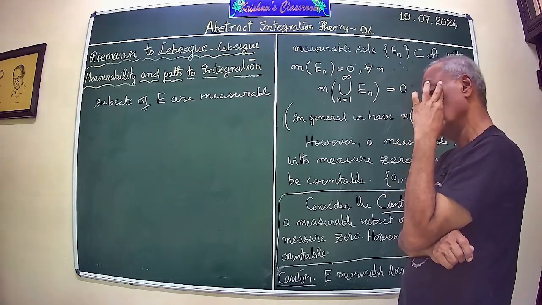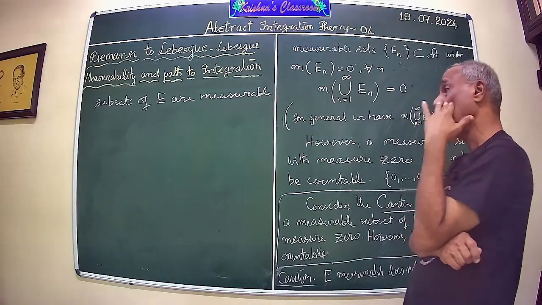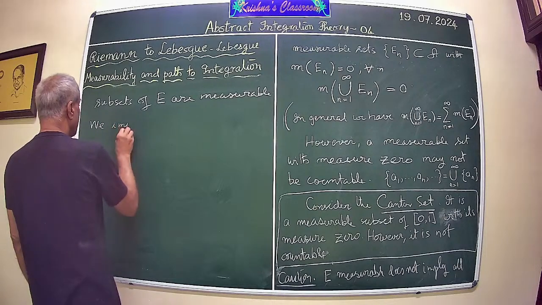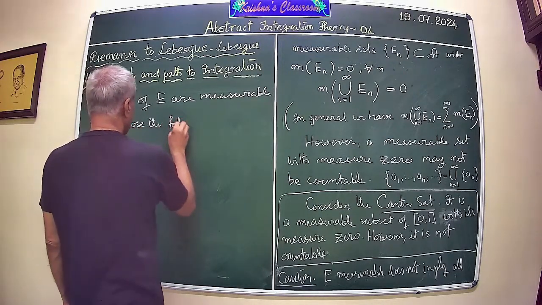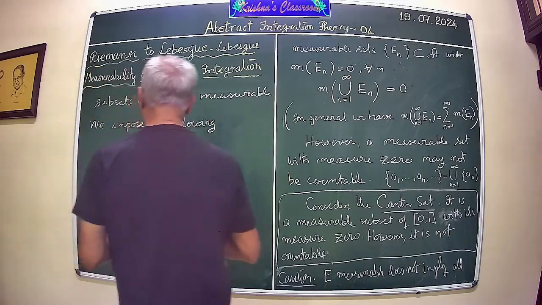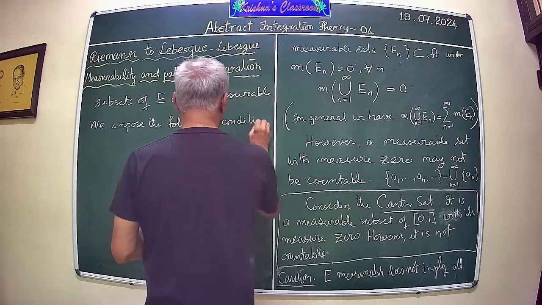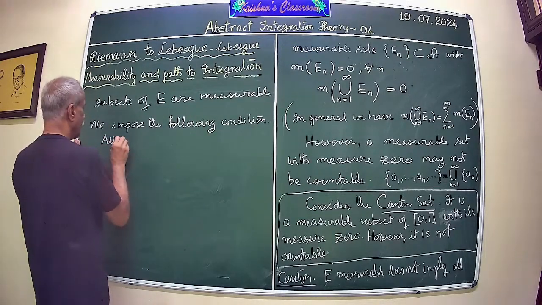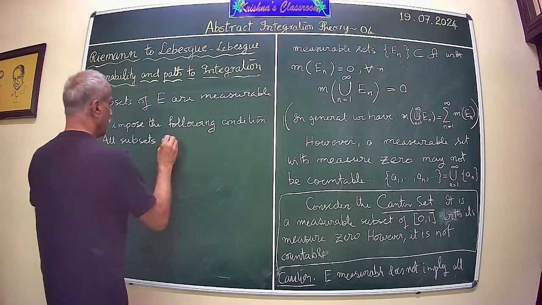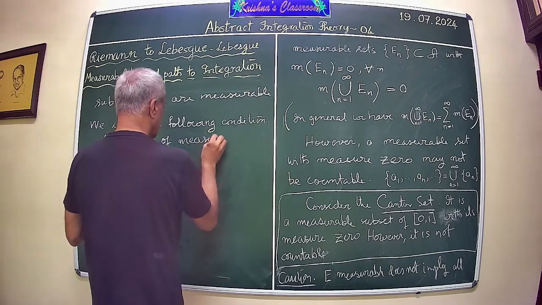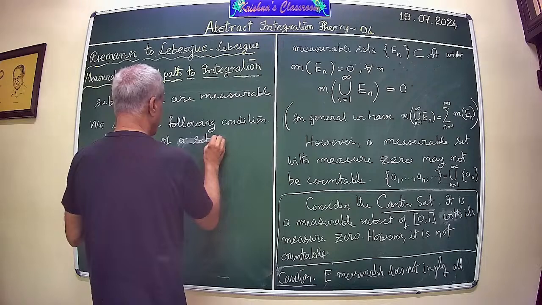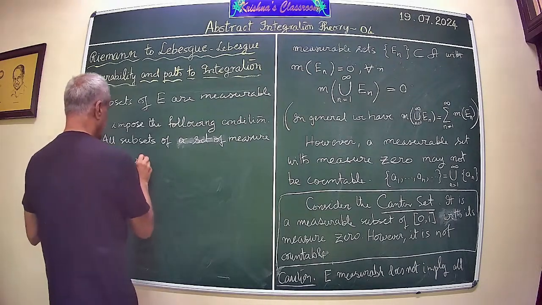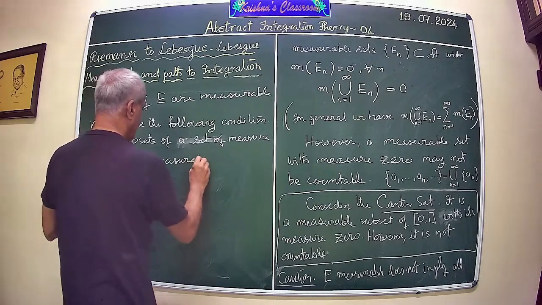So we do a sort of completion of measure by imposing the condition: all subsets of a set of measure zero are measurable.